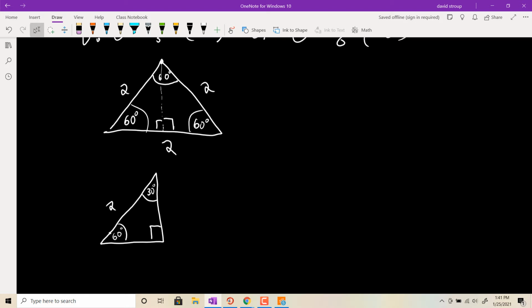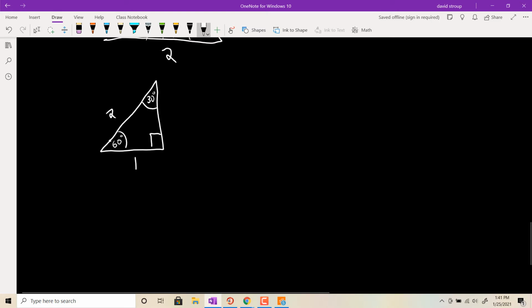And then this base side is 1, and then we have to figure out this other leg right here across from the 60-degree angle. I could do that with the Pythagorean theorem, right? So we'll say 1 squared plus b squared is c squared. 2 squared is 4. So I'll have b squared is 3, and then b is root 3.